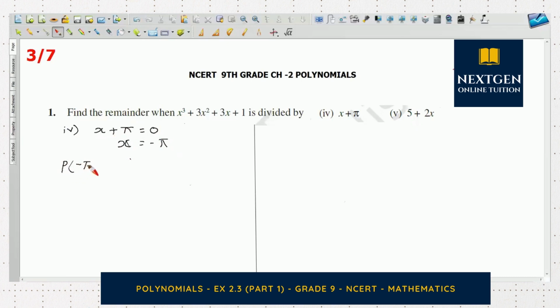Substituting minus pi in the question: minus pi the whole cube plus 3 into minus pi the whole square plus 3 into minus pi plus 1.